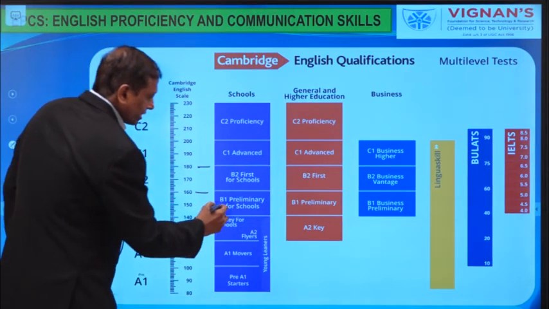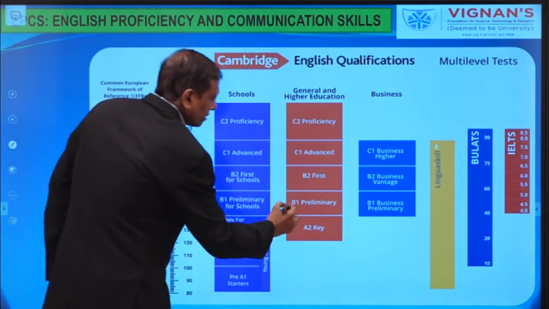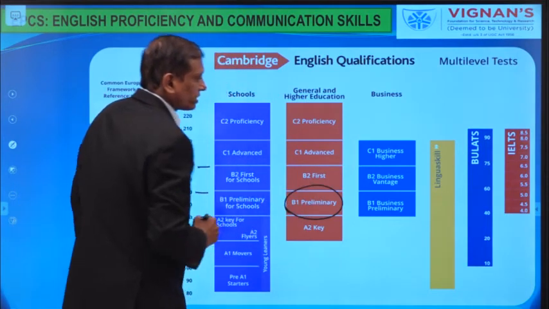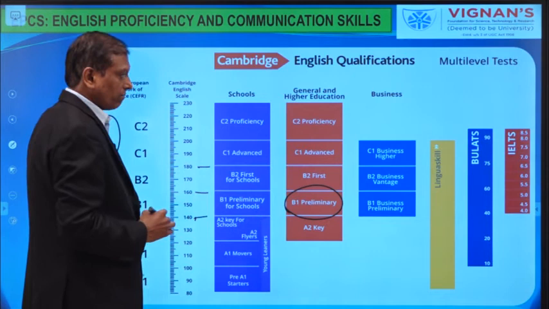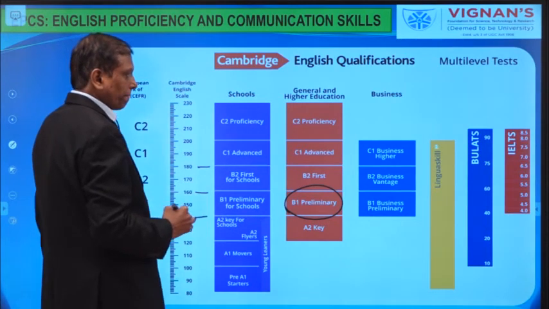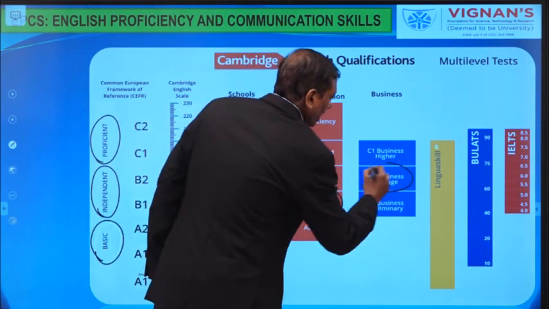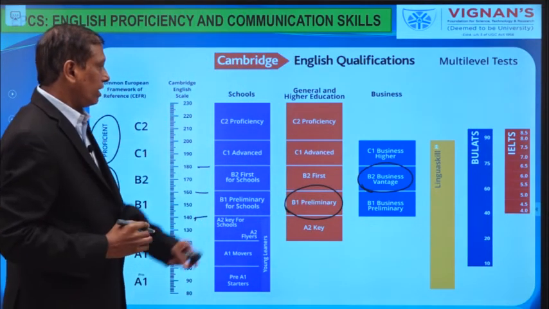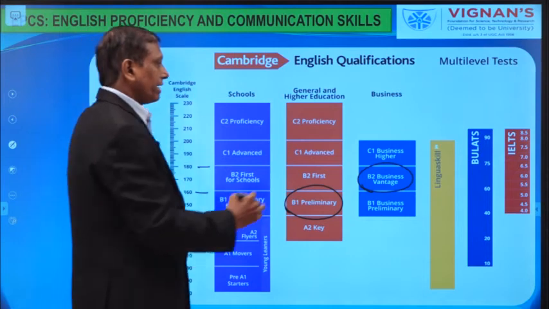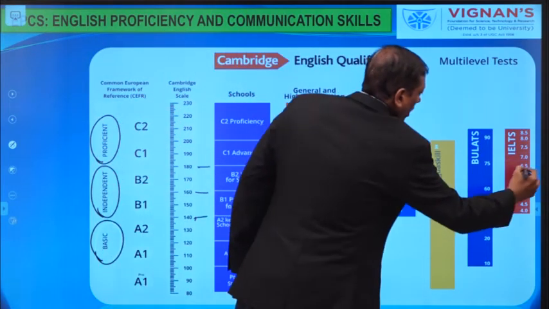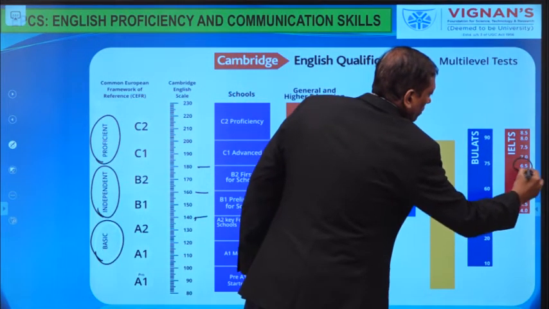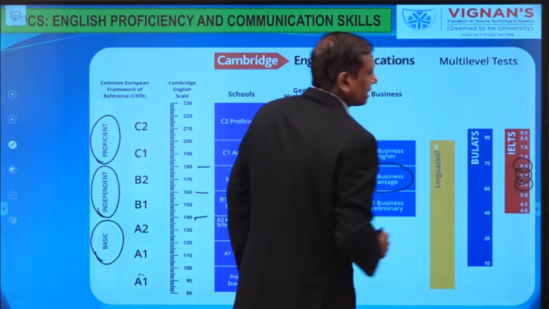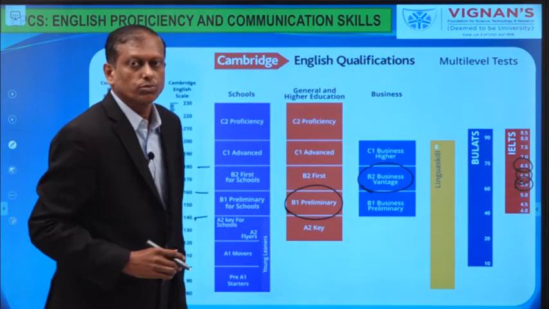And B1 is this test that we are taking at the B1 level, B1 Preliminary, and at Business Vantage in the third year, we are going to take the B2 level test. And its equivalent score of IELTS examination is also shown.